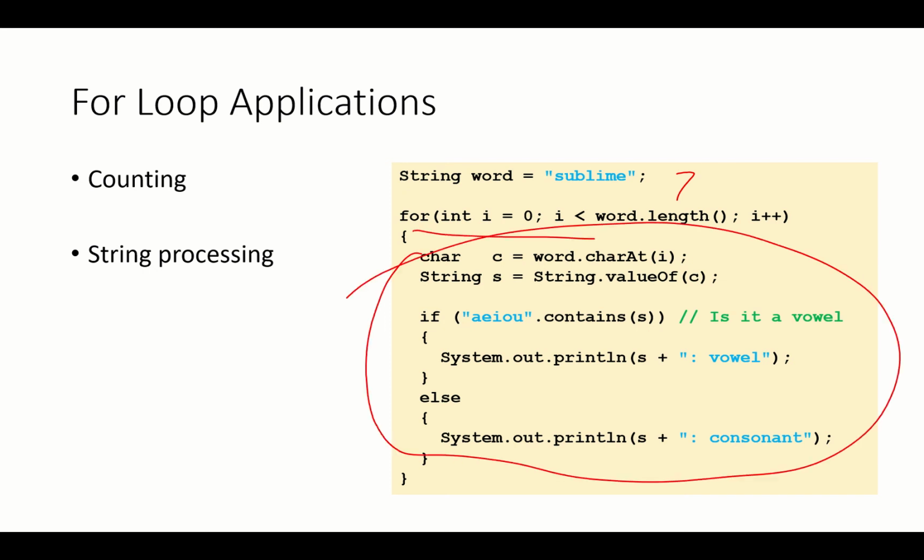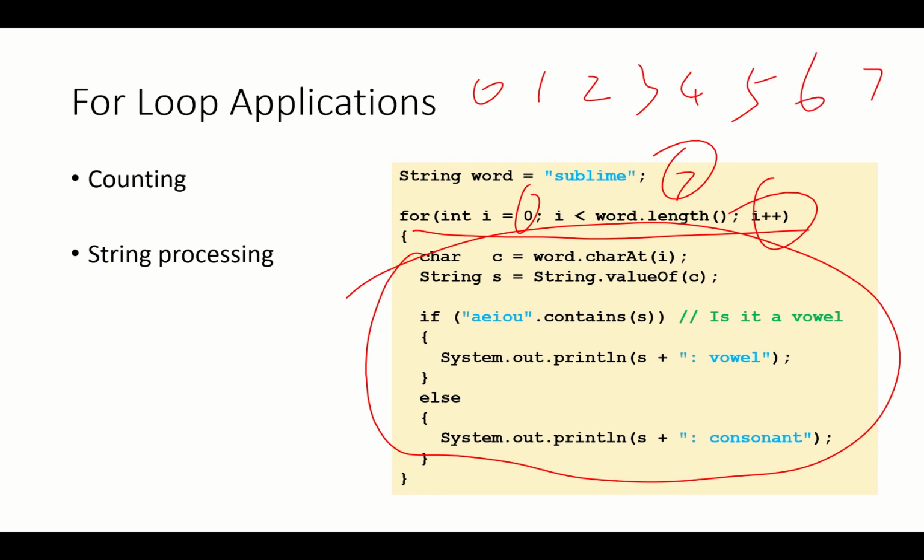So you don't have to look at the body. Based on this line, we can know how many times we will iterate this loop body, right? Because it's 0 to 7, every time you update by 1. So this would be 0, 1, 2, 3, 4, 5, 6, and 7.